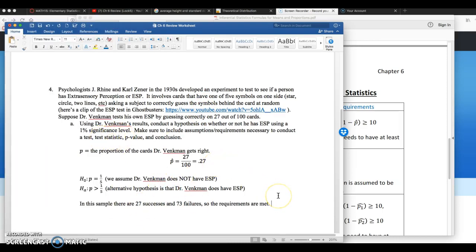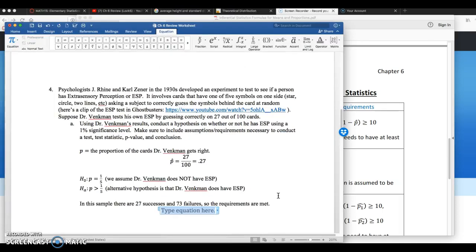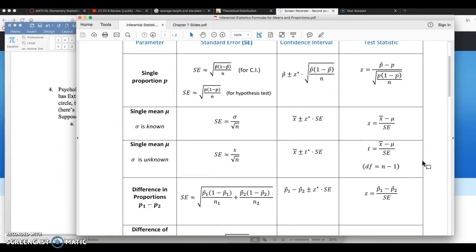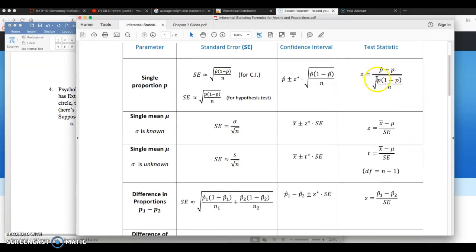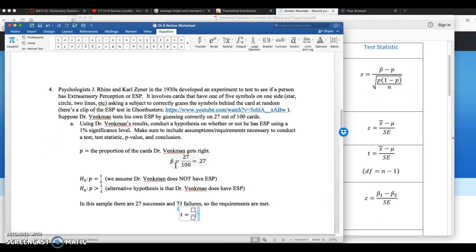Now I'm going to compute the test statistic. I'm going to do this in a couple steps. The test statistic up here is t equals p hat minus p over the square root of p times 1 minus p over n. That's p hat minus p, all divided by the square root of p times 1 minus p over n.